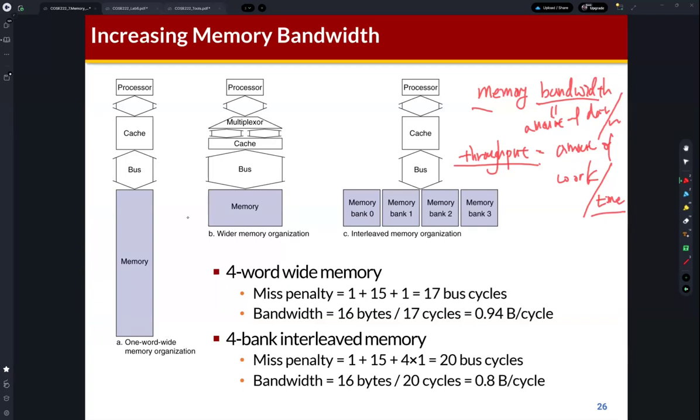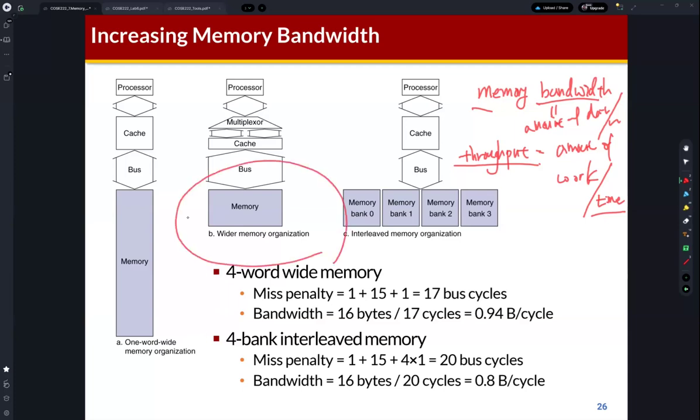But what's the problem? The memory is slow, okay? Because the memory is slow, using one chunk of memory, we cannot increase the bandwidth.